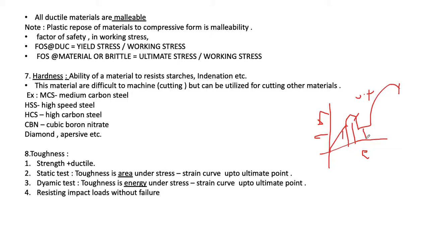UTM machine is nothing but universal testing machine. In that, how much area is occupied when the specimen, or mild steel, is kept in it. That is the meaning of the static test. In the dynamic test, how much energy is absorbed up to the ultimate point when the specimen is kept in a UTM machine. That is nothing but a dynamic test. Resisting impact loads without failure. These are the properties of toughness.